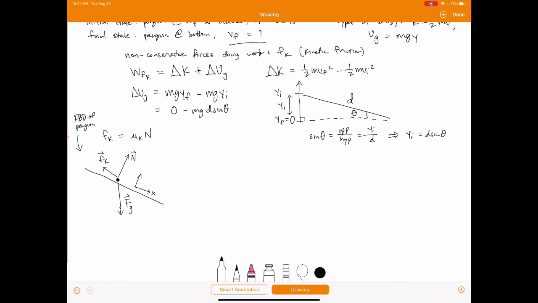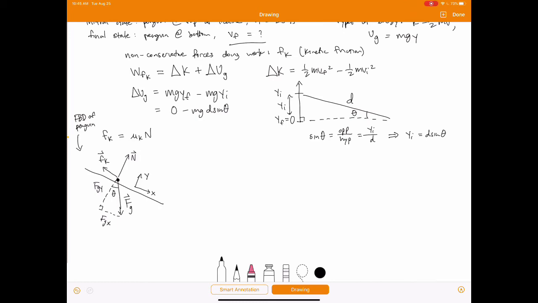X is going straight down the ramp, Y is going out of the ramp like this. And so in that coordinate system, I can break the force of gravity into components. So this would be FGX, the part that's going down the ramp. And the part that's going into the surface of the ramp is FGY. That would be a right angle, because X and Y are always at right angles. And this would be the angle theta of our ramp.